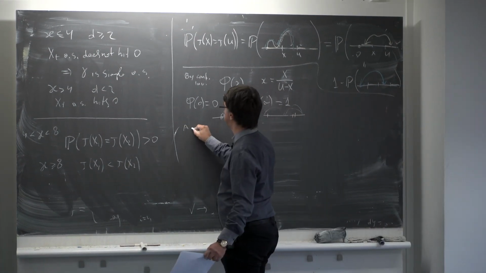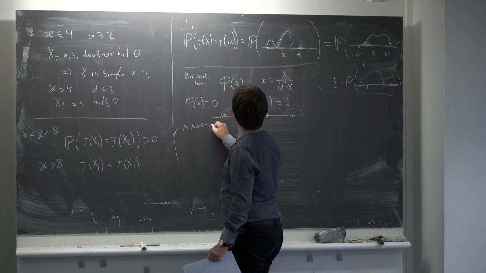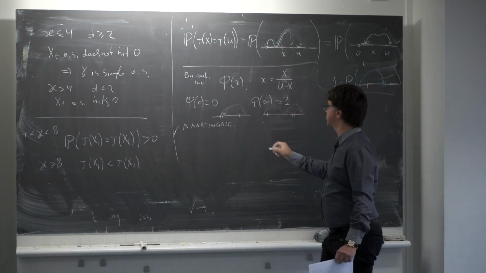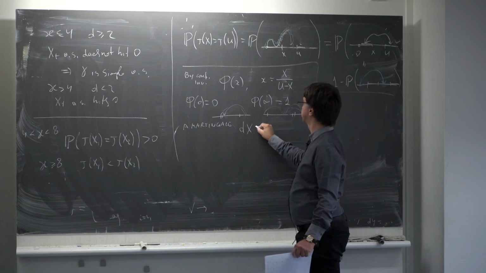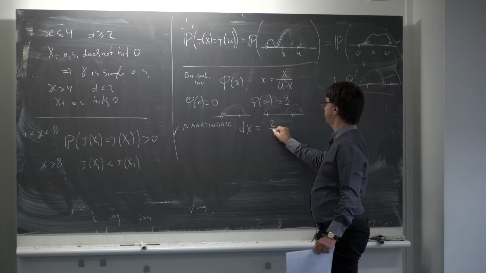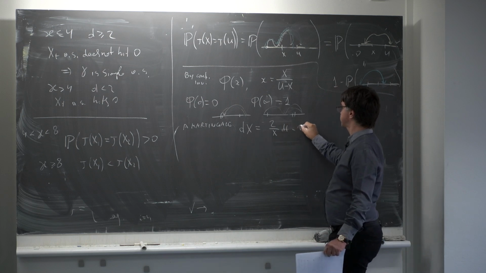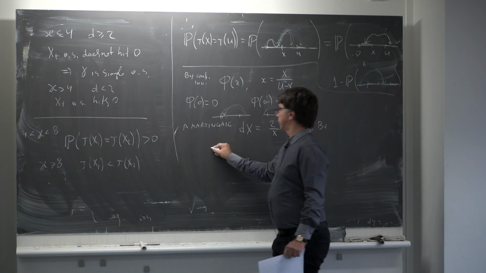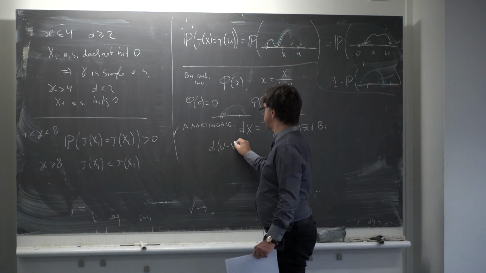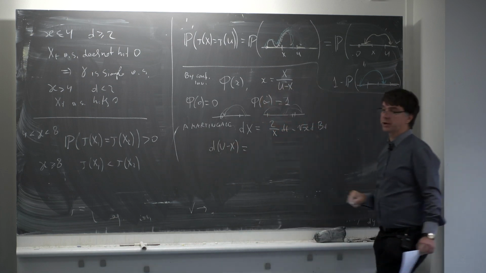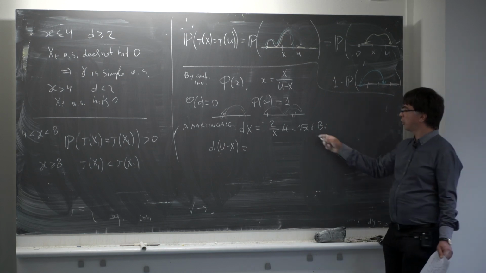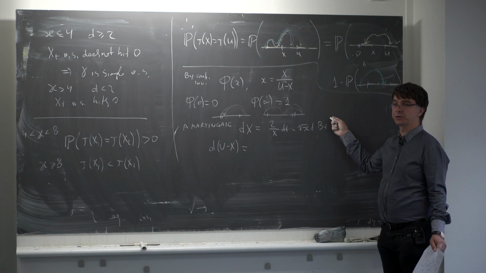So this is a martingale. Now, what is the drift of x? The drift of x is 2 over x dt minus square root of kappa dBt. Now, what is the drift of u minus x? I subtract the same formula for x and for u, and oh miracle, the second term cancels out.